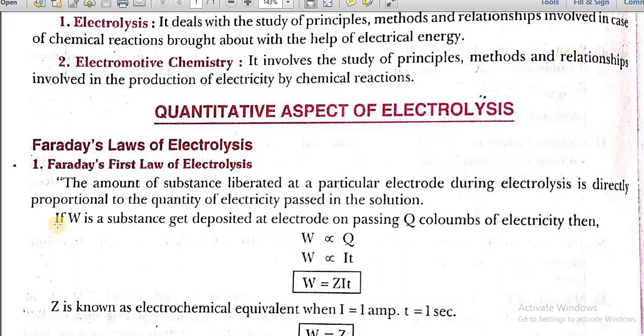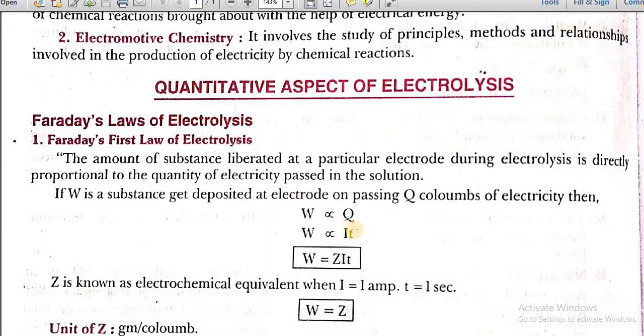Say for example, if W is the mass of a substance deposited at an electrode on passing Q coulombs of electricity, then according to Faraday's first law of electrolysis, we can write W is directly proportional to Q, that is the amount of substance liberated at a particular electrode is directly proportional to the quantity of electricity passed in the solution.